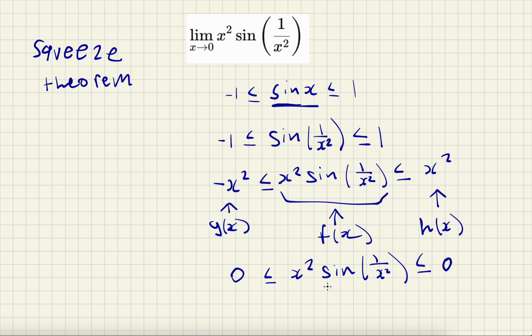And so we know that as x approaches 0, the limit of x squared sine of 1 over x squared is 0, because g of x and h of x are both 0 at that point. So our answer to this question is actually 0, not undefined. And so that's a mini lesson on the squeeze theorem.